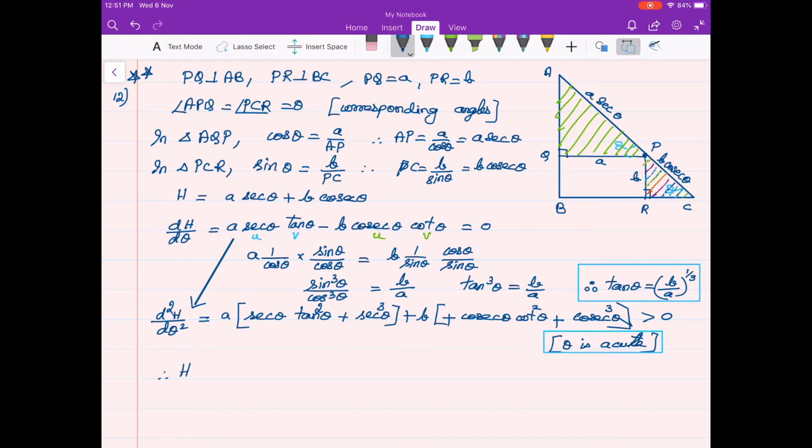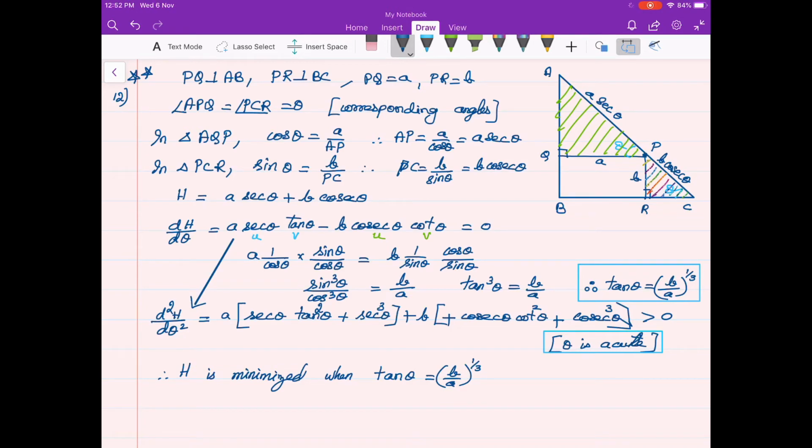Therefore, the hypotenuse is minimized when tan theta is cube root of b by a. You may get a by b also in this case, it depends how you have taken a and b in the figure. Second derivative test is over.